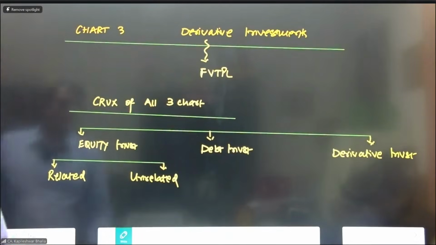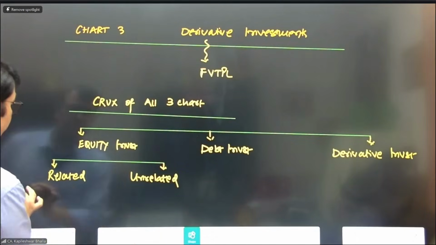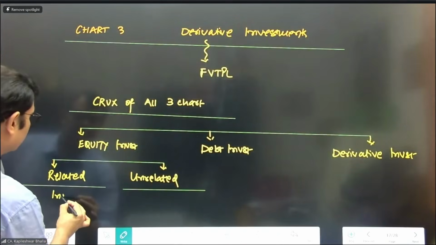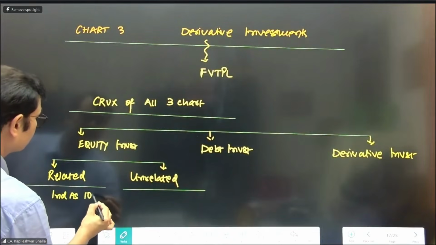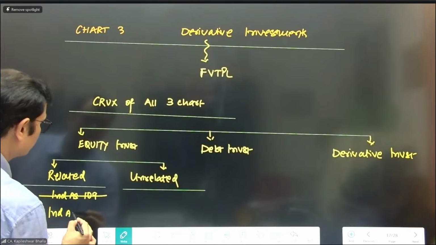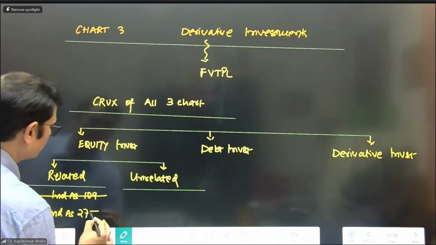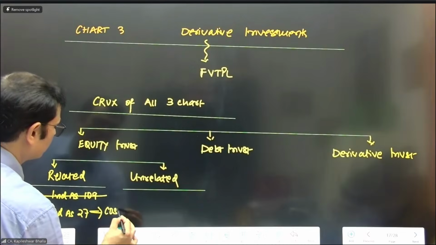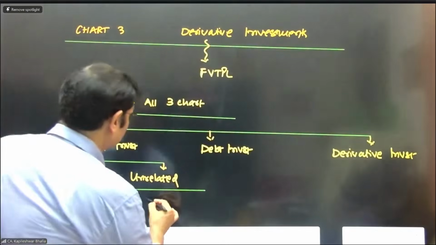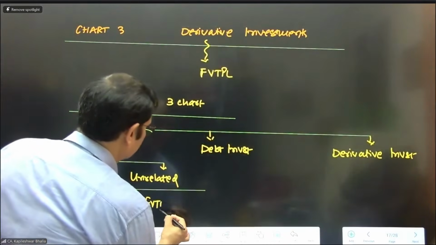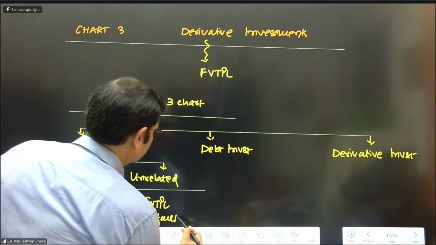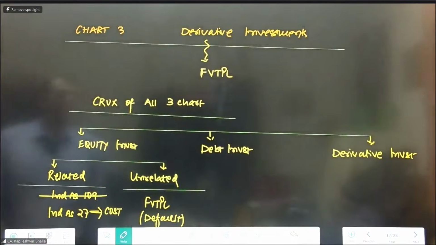Now, if it is a related party, then we are not applying Ind AS 109. In this case, we're applying Ind AS 27, and generally the choice is there, but you can see that it is taken at cost. If it is unrelated in nature, the default category is FVTPL. That is the default category in terms of equity investments.